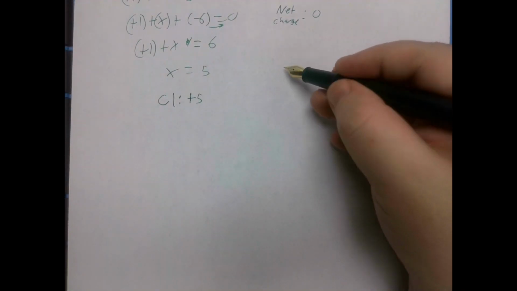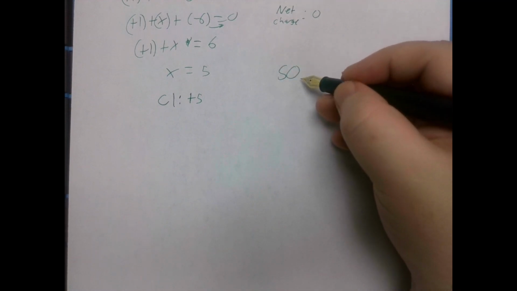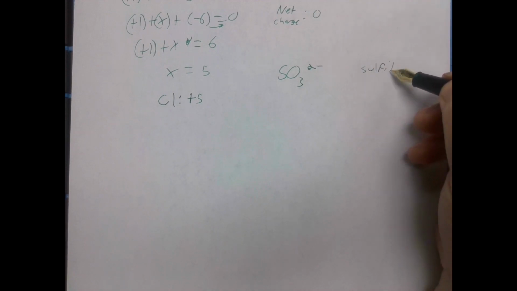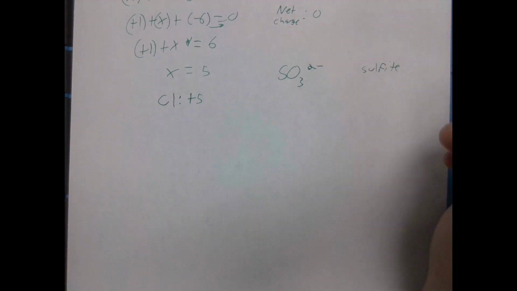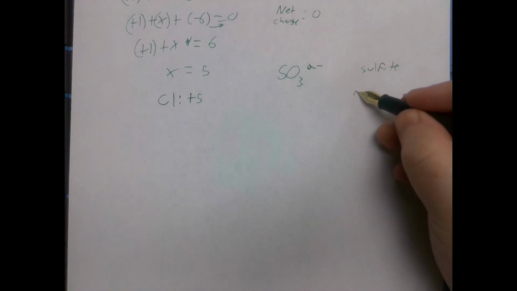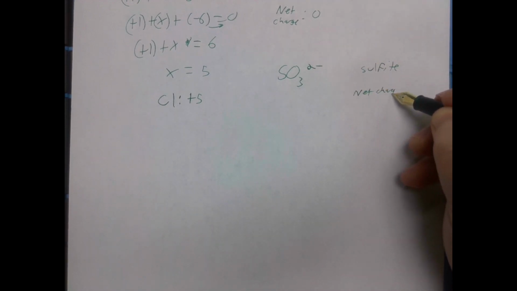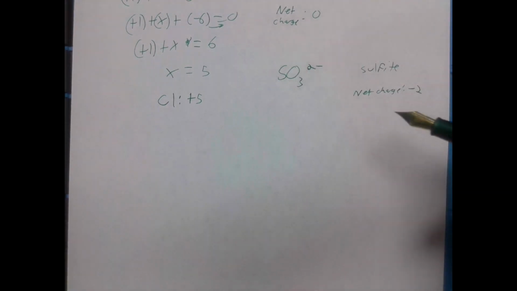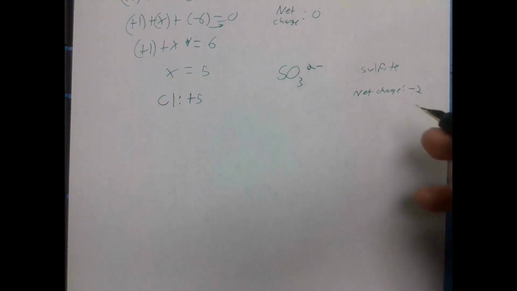So for this one, sulfite, what is the oxidation number on sulfur? Well, again, we know the net charge is -2. So the sum of oxidation numbers has to equal -2.